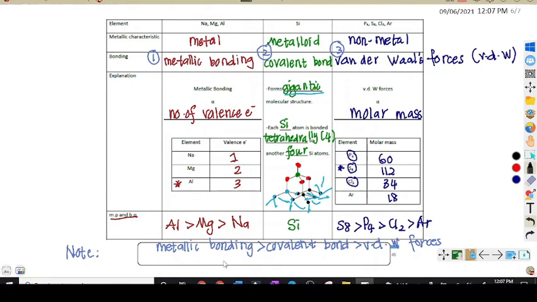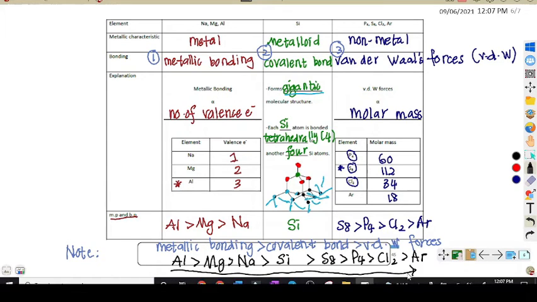So aluminium has the strongest attraction, the middle would be silicon for the covalent bond, and then van der Waals. You just write it in the order that we have written before. If the question asks how the strength of attraction decreases, it will go from metallic to van der Waals. So that's all for the metallic character.